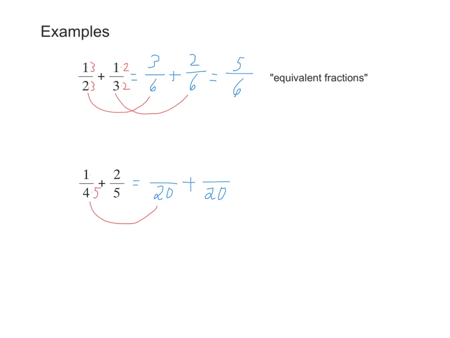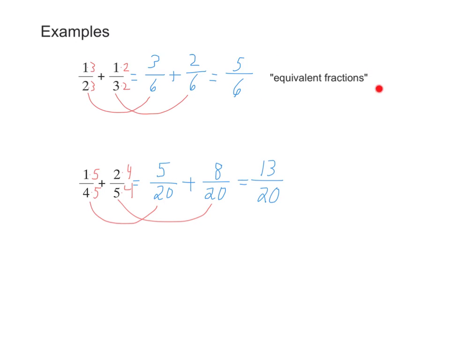So I'll do the same thing to the numerator, or 5. In the second fraction, to go from 5 to 20, I multiplied by 4. I'll do the same thing to the numerator to get 8. Now add them up. 13 over 20.